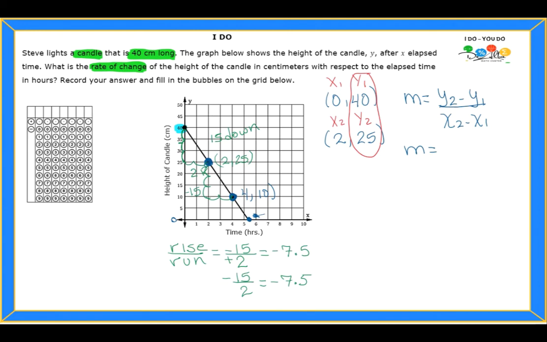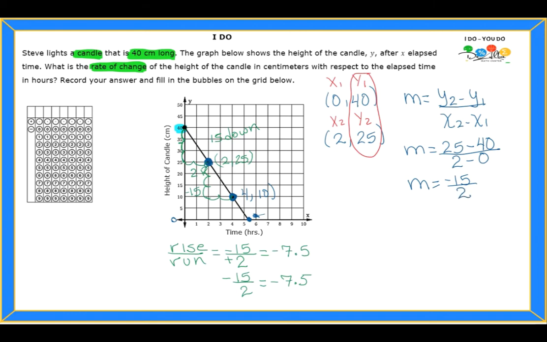What's y sub 2? It's 25 minus y sub 1, which is 40. x sub 2 is 2 and x sub 1 is 0. What's 25 minus 40? It's a negative number, right? So I get negative 15. Very good. And 2 minus 0 is 2.